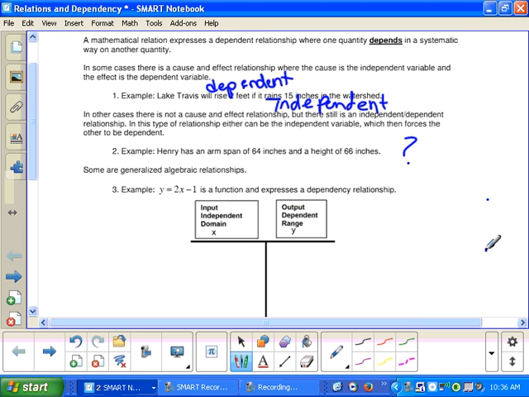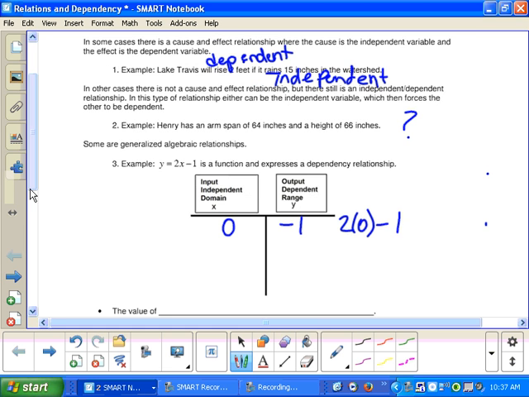If I have, for example, if x is 0, what is y? 2 times 0 minus 1 is negative 1. Remember, if you have x as something, you're putting it into that equation, that function.